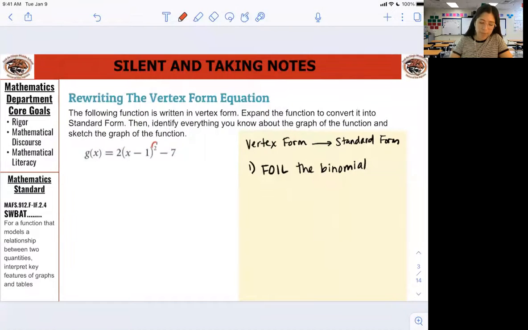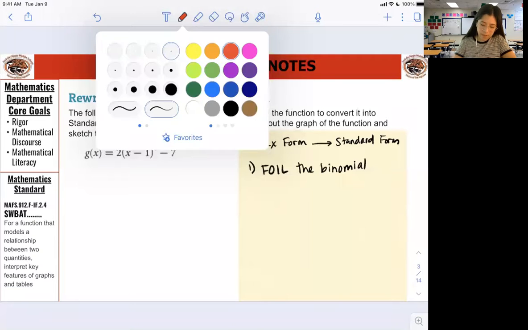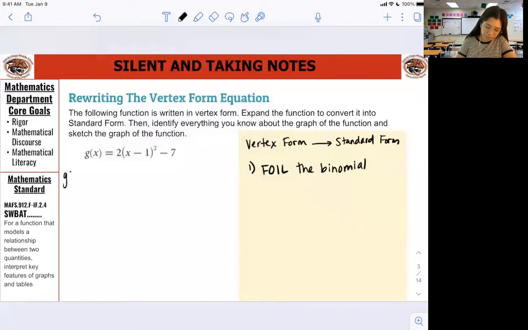Remember, we have an exponent of 2. What does an exponent of 2 tell me to do? Square it. What does it mean to square? Multiply it times itself. So I'm going to rewrite this equation here, and this is telling me to multiply times itself.